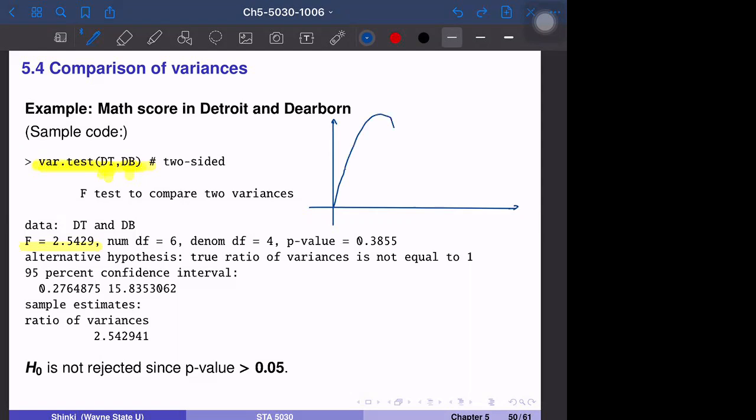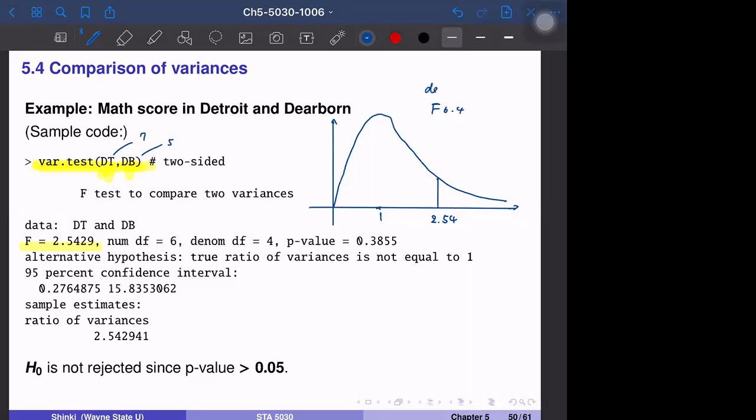So the situation is that 2.54 is around here. Maybe 1 is around here. This is the F distribution with degrees of freedom n-1, m-1. Here, Detroit has 7 observations. Dearborn has 5 observations. So 6, 4.